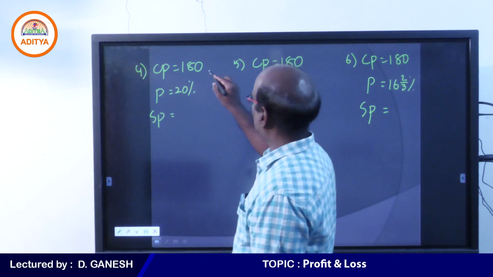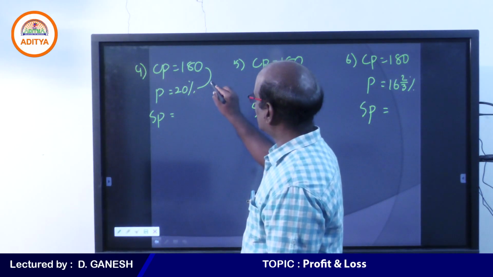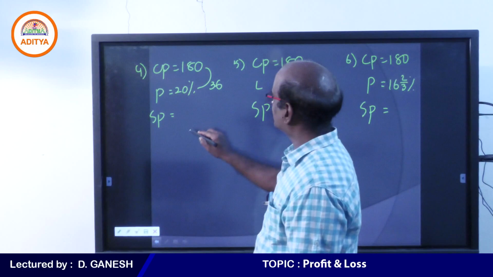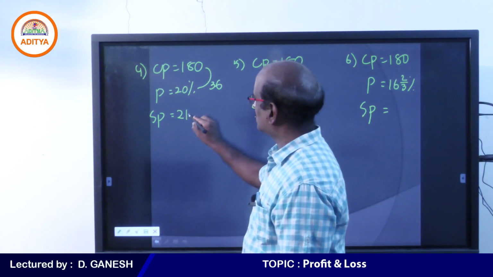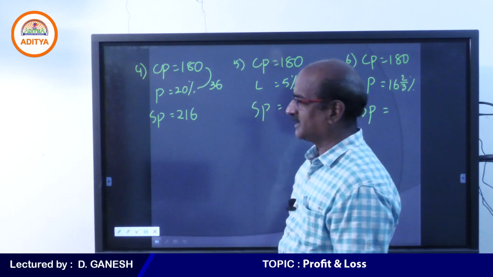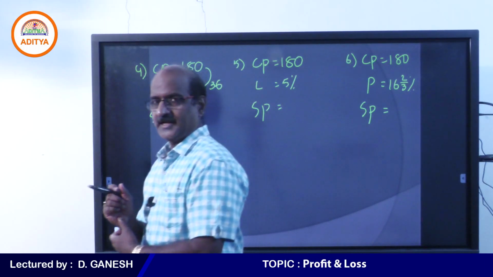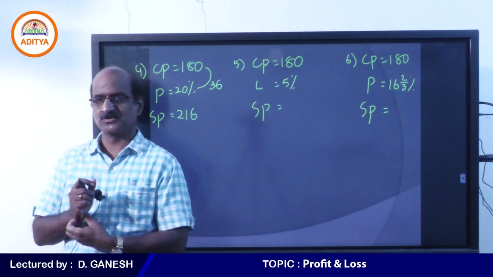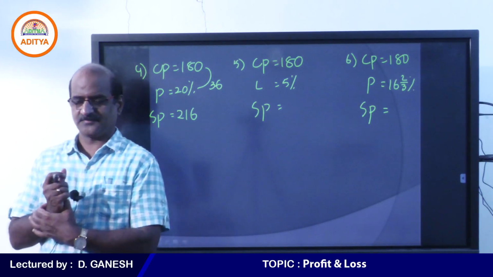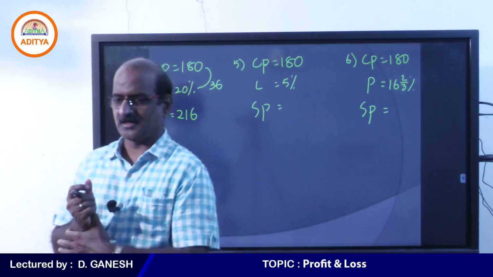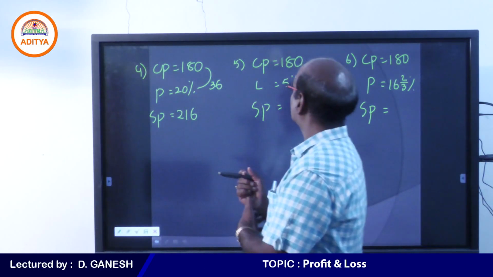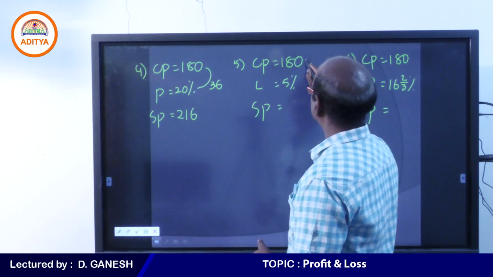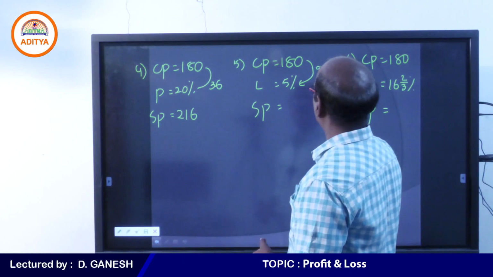Students, check it out. 20% of 180 is 36 and therefore it should be sold for 216, because 180 plus 36 is 216. Now look at question number 2. 5% of 180 is 9.